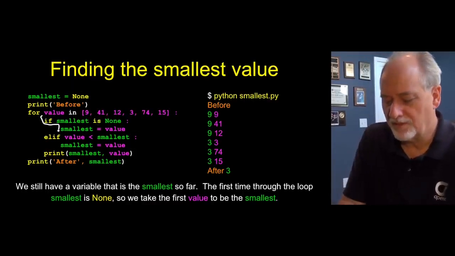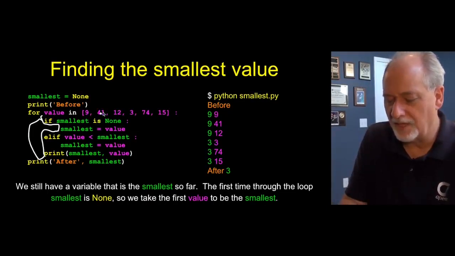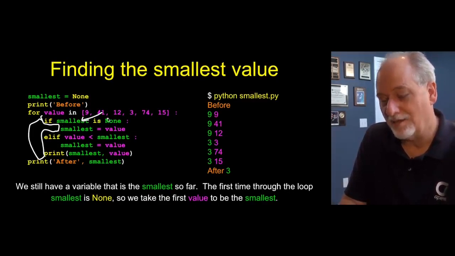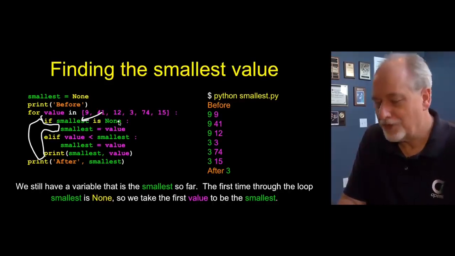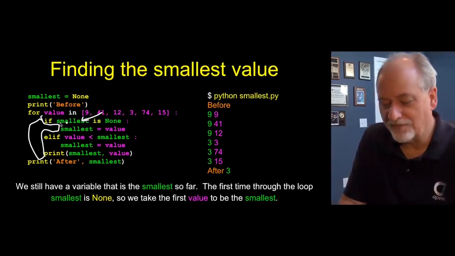Smallest is the value, and then we print it, and we go back up, and now it runs again with 41. 41 is not None. There's only one thing that's None, so smallest is not equal to None, or is not None. So this is false, so it skips over here. Then it asks the question, is the value we're looking at, 41, less than smallest?